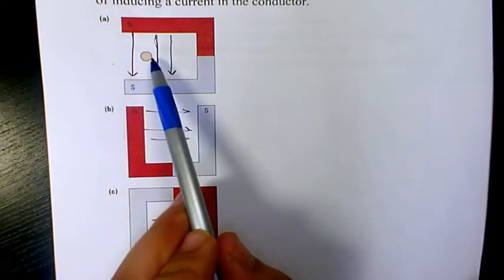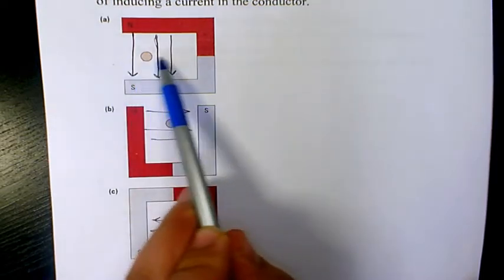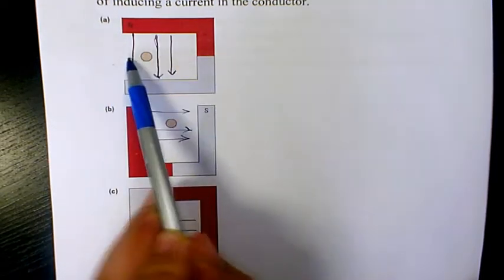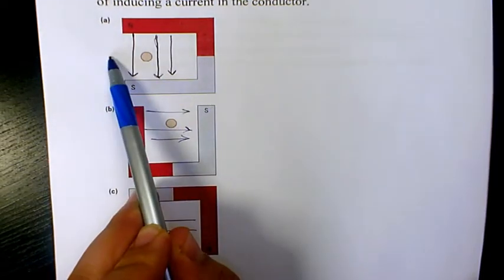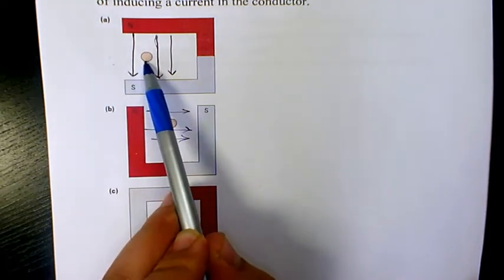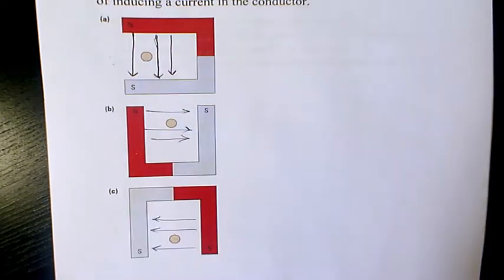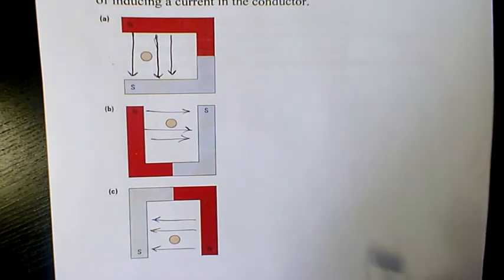But if we move the conductor in this way or this way, it means that we're going to cross the magnetic field lines. In that case, the conductor experiences a different magnetic strength. So that's why we will have an induced electric current in the conductor.